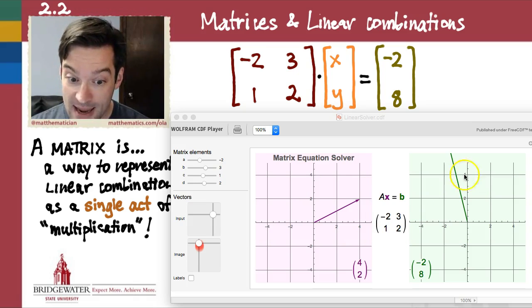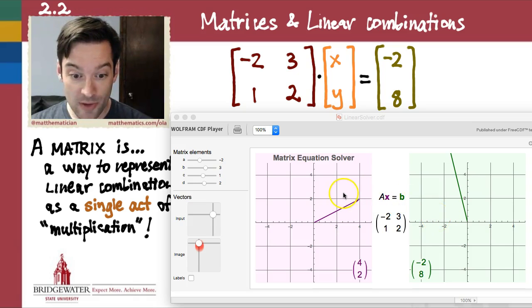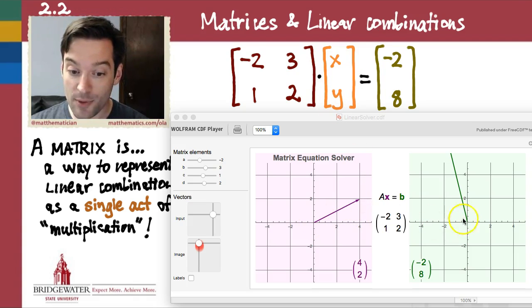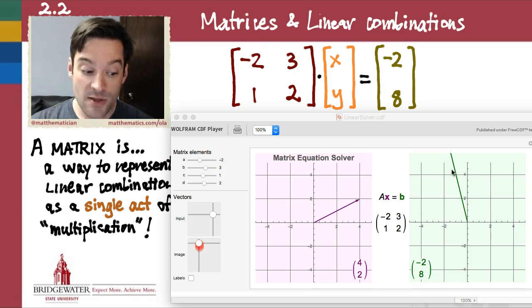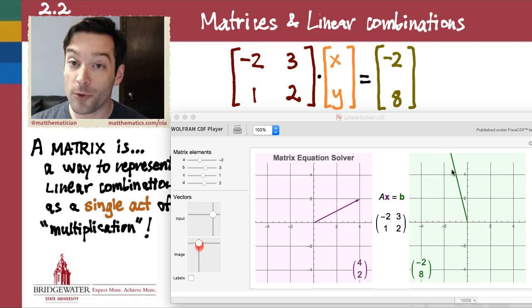And the matrix A is the connection between these two realms. In other words, the matrix A, by multiplying that vector on the left, takes a vector from my domain and produces for me a vector in the codomain. In our last video, we saw that this particular system has a solution, x y equals 4, 2.